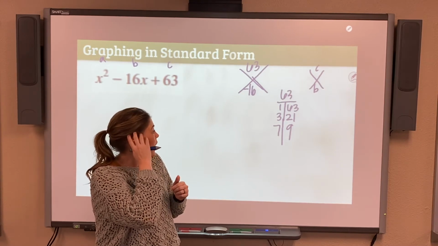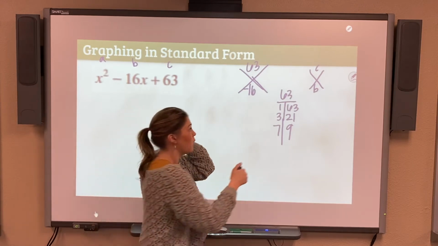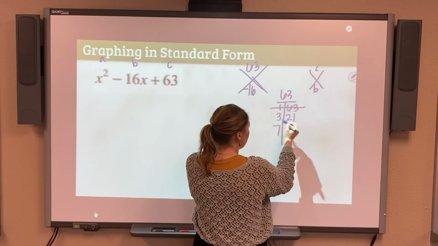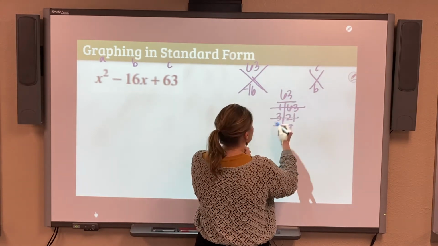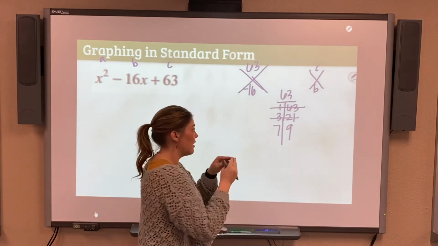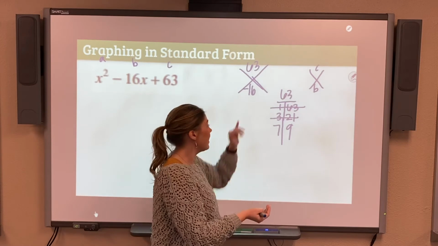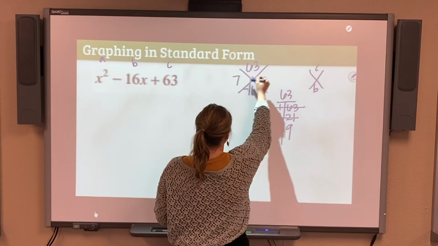So we need what combination can add or subtract to give us a 16, okay? So 1 and 63, that would be either 64 or 62, so no. Okay, 3 and 21, that would be 24 or 18, no. 7 and 9, okay, if we add 7 plus 9, that gives us 16, okay? We need a negative 16, but 7 and 9 are our numbers that we're gonna use.